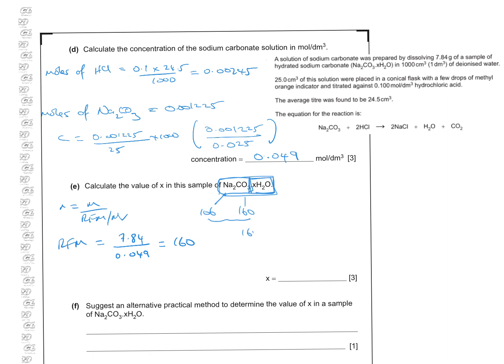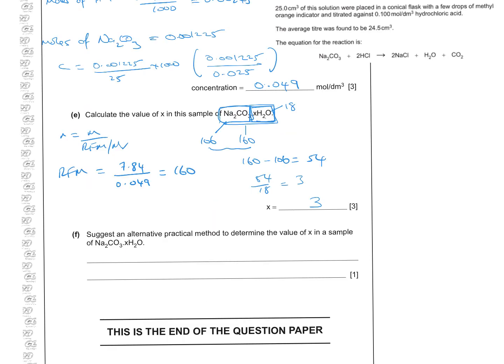So 160 minus 106 equals 54. That 54 is caused by water. Water has an MR or RFM of 18. So 54 divided by 18 equals 3. So that's what X is.